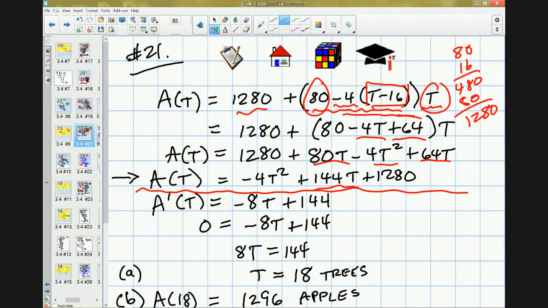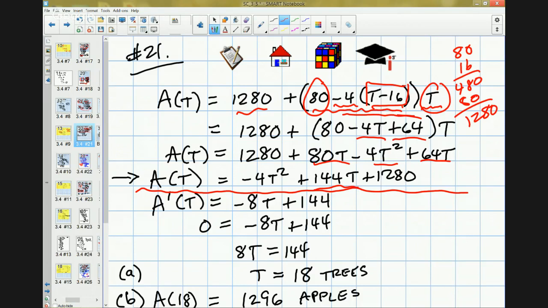Now, good old find the derivative, easy derivative, set the derivative equal to 0, solve for t. So I came up with 18 trees, and that was the first question, right? Let me just check here. How many trees should be planted to maximize the total yield? Answer, 18 trees.